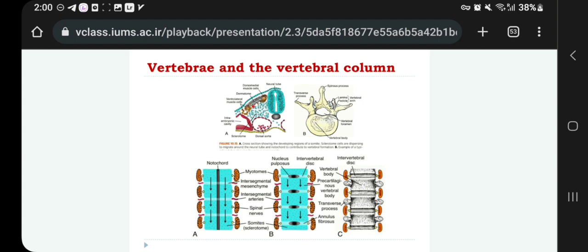But you can see in the dorsomedial part and ventromedial part of the dermatome, we have a myotome. This myotome converts to the progenitor cells of the muscle, and we say the myoblast.